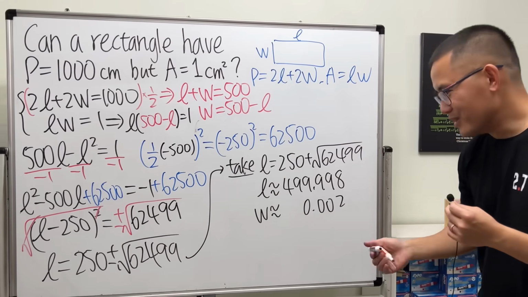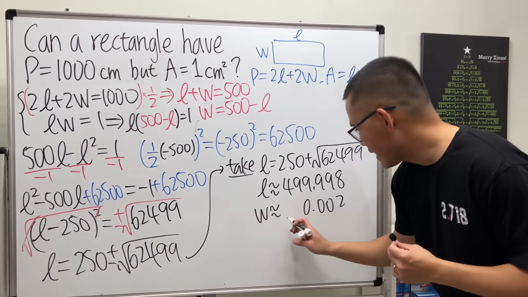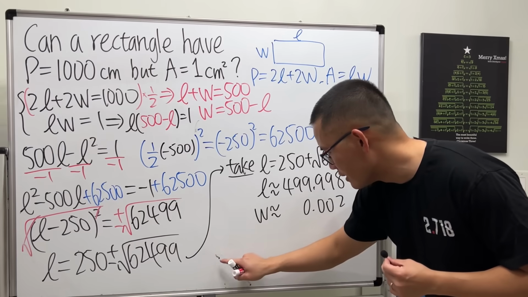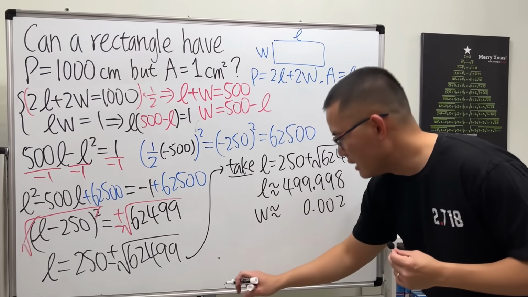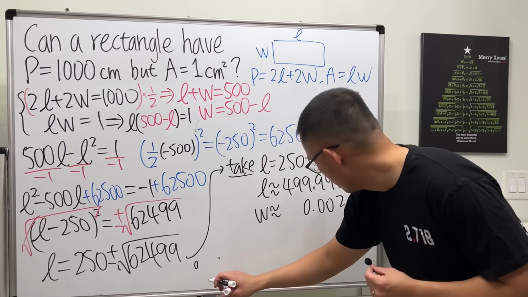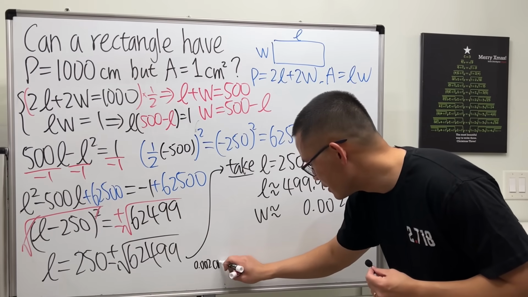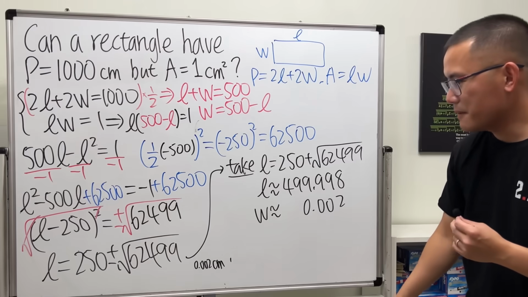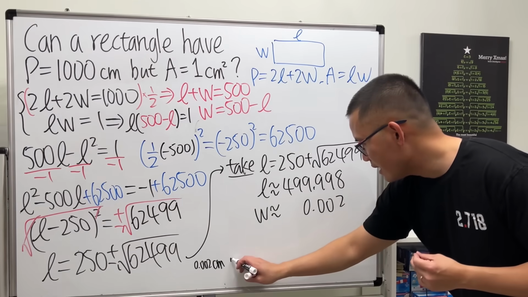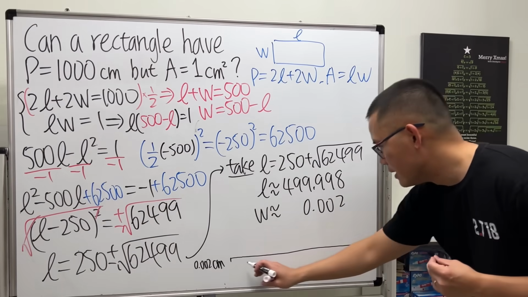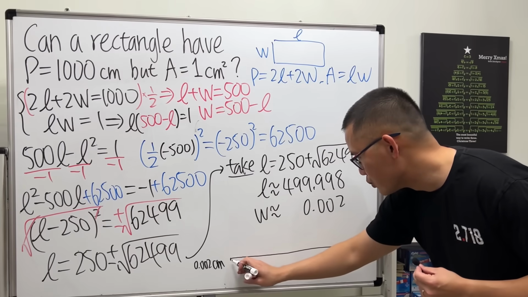So how it's going to look like, it's like this. You have a tiny bit for the width. Let's say something like this. No, even smaller than that. Something like that. And that is meant to be 0.002 centimeters. Okay? And then we have 499.998, so something like this. It's impossible for me to draw this, okay?